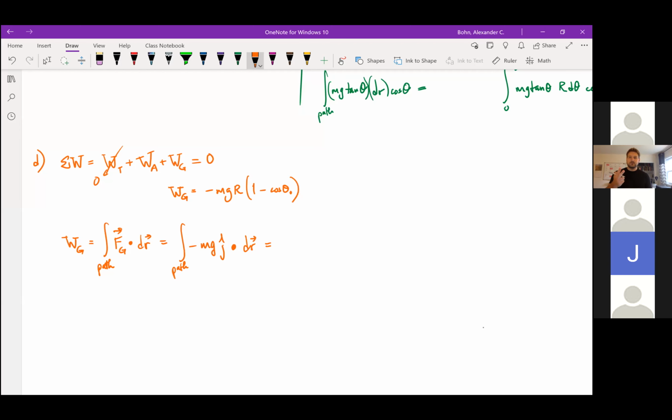The mass, gravity, it's all constant. Could bring out the minus sign too.